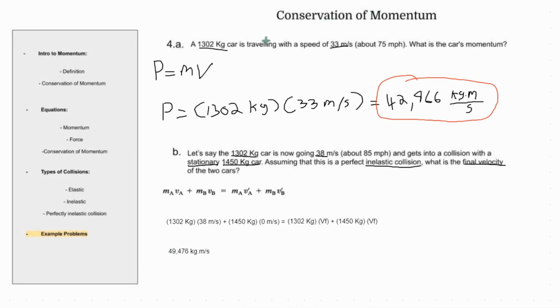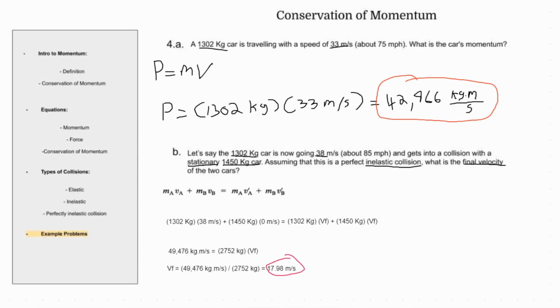Since momentum is conserved, the initial momentum will be equal to the final momentum. Next, we'll add 1,302 and 1,450, which are the masses of the cars, on the right side of the equation since they have the same variable, which is the final velocity. We can then solve for final velocity. The final velocity is 17.98 meters per second.